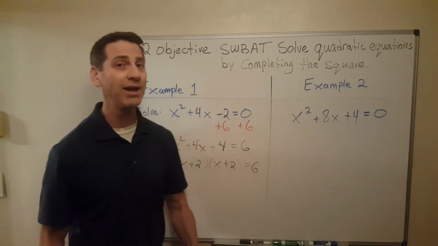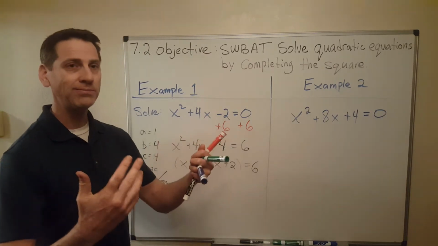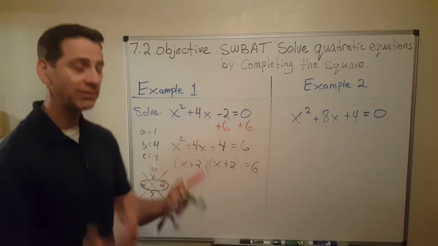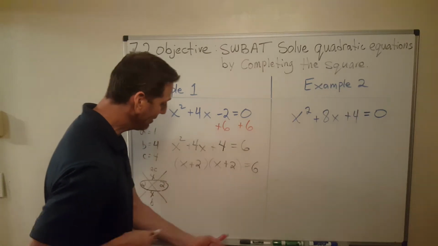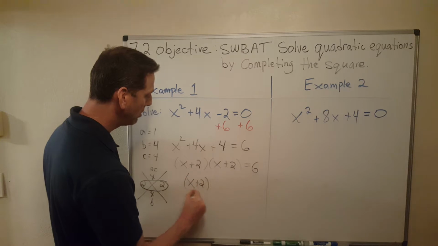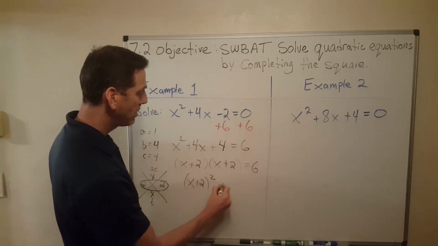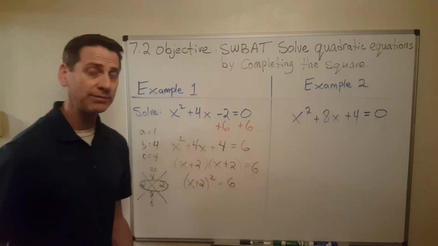We can write that in exponential form, right? 2 times 2 is 2 to the second power, etc. So I can write this as x plus 2 to the second power equals 6.